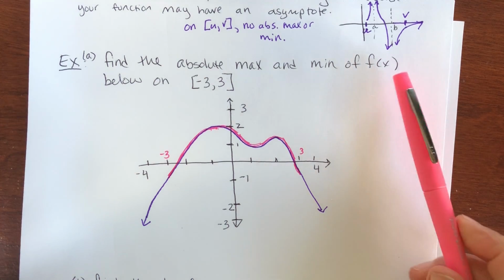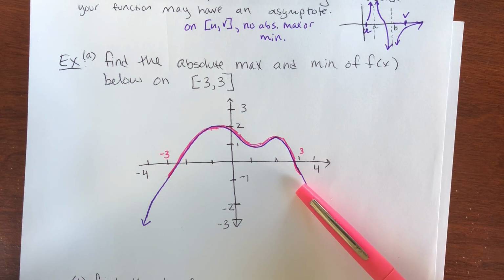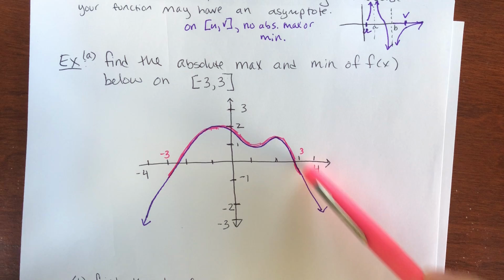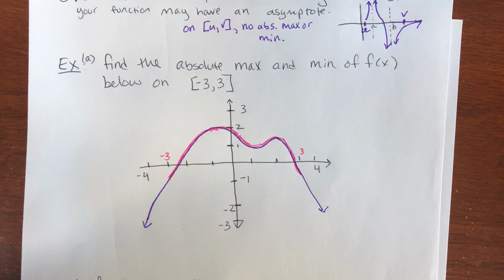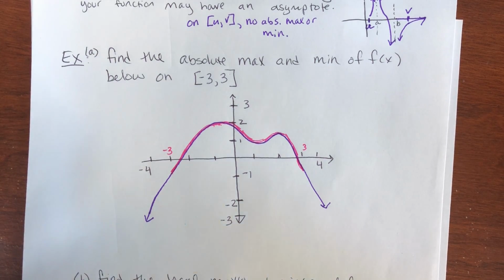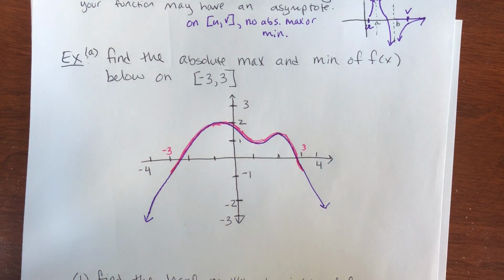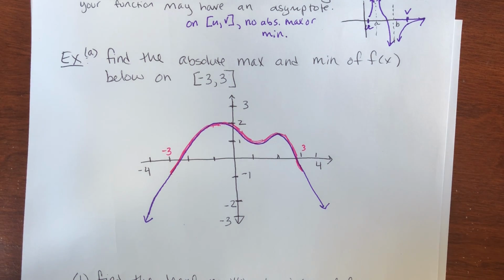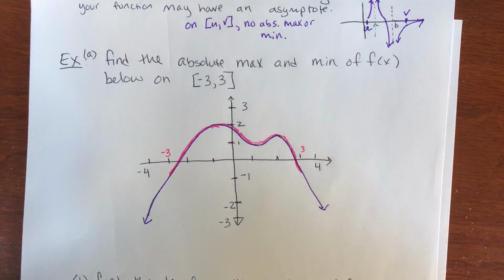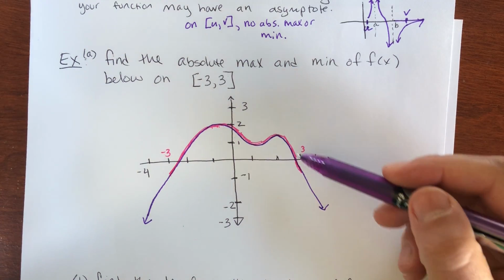Now remember, the theorem only applies if this function's continuous, which it is, right? We can see that this is a nice smooth curve. We don't have any holes or asymptotes. We don't have any jumps. And so this function will have an absolute max as well as an absolute min. How do we find it? We'll just look for the largest possible output and the smallest possible output. So what's the highest point that this curve reaches over that interval?